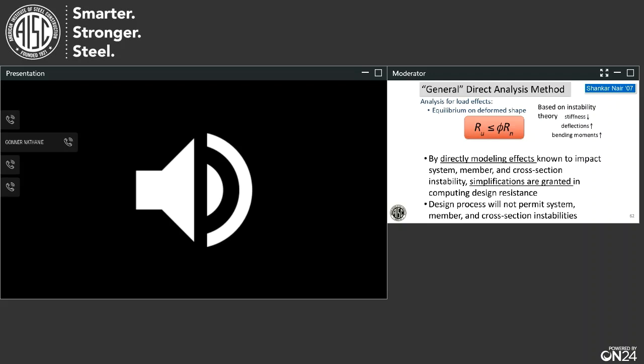Yeah, a great question. Let's take it in parts. The first one is on a truss. Again, it varies from truss to truss, but if I have a very slender, very tall truss, my tendency would be heading towards the direct analysis method.